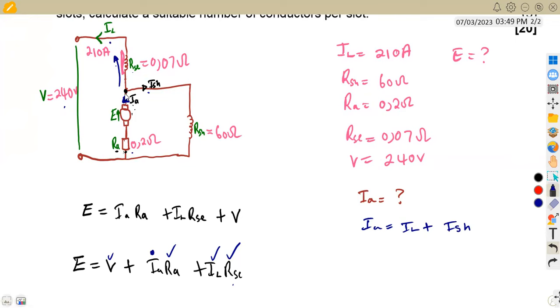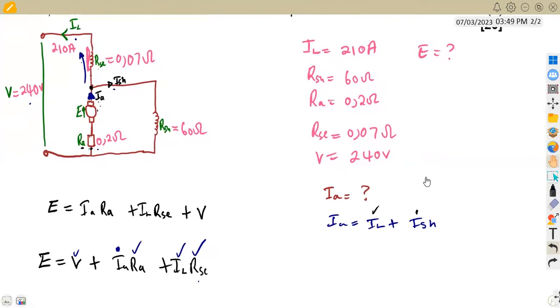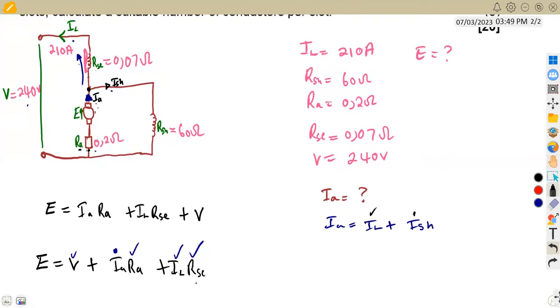The current towards the junction is equal to the sum of the ones flowing away from the junction. So from this formula, what are we having? The load current, we have it. What about the shunt? We do not have. So we have to calculate the shunt current. Let us put this aside so that we can end up with everything that we need.